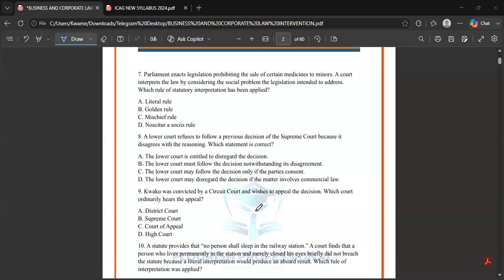So the legislation intended to address maybe minors having access to certain drugs. So it prohibits the sale of certain medicines to minors, trying to address the situation of minors having access to certain drugs, maybe because of their harmful effect.